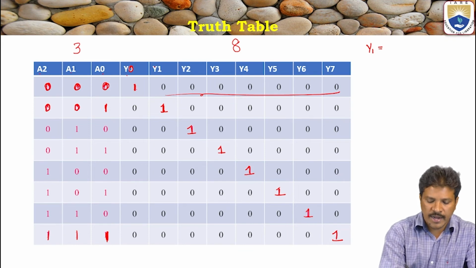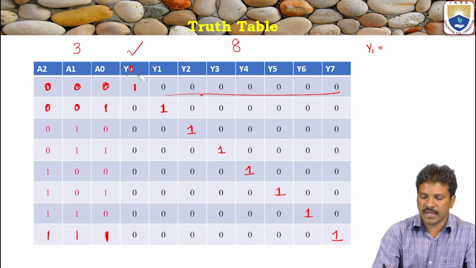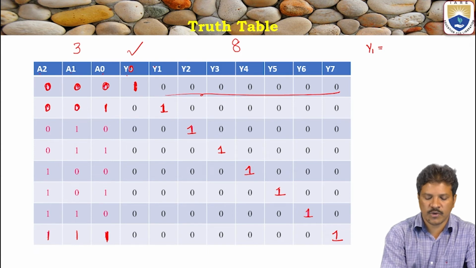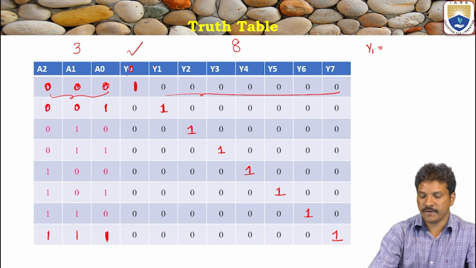In the entire column of Y0, only one output is high, so directly we can take that minterm. Its corresponding input minterm is the answer. So A2 bar A1 bar A0 bar is the Boolean function for Y0.